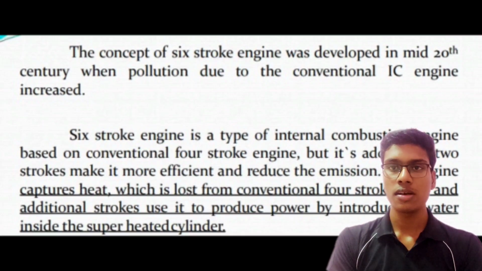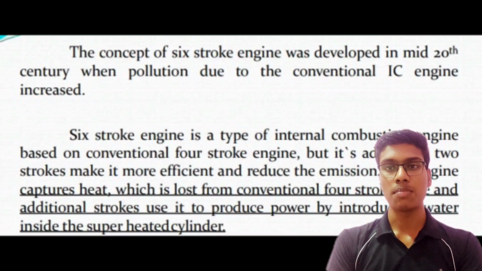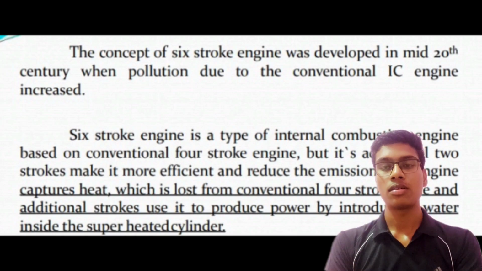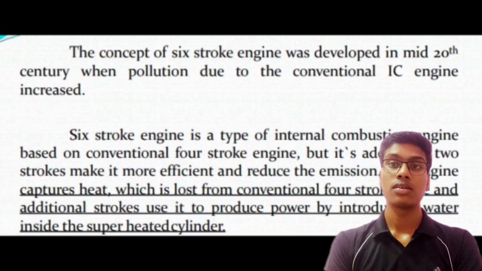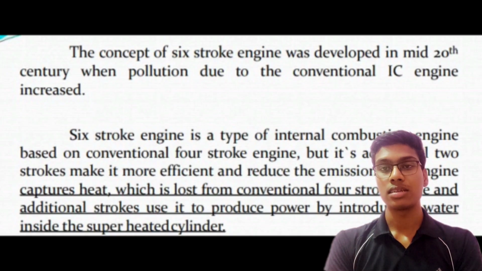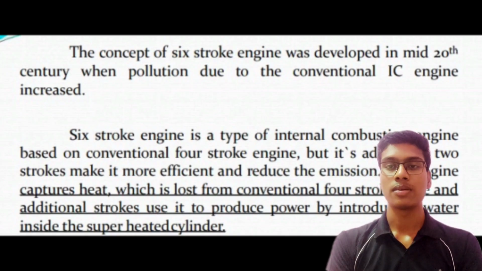Generally, in a two-stroke engine, the power stroke is completed within one revolution of the crankshaft. So here, in the six-stroke engine, it is multiplied by 3. So in 3 revolutions of the crankshaft, the power cycle is completed for the engine.